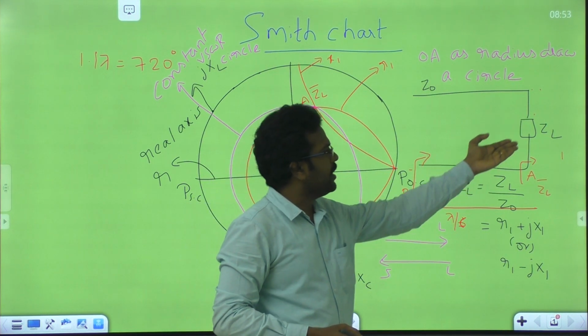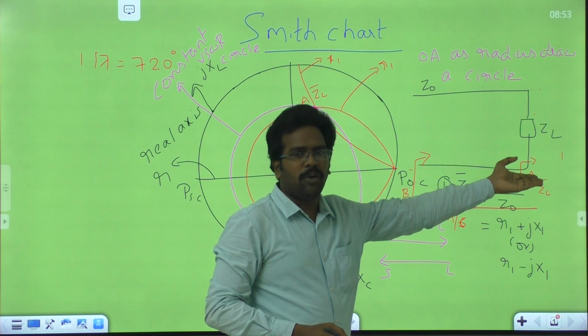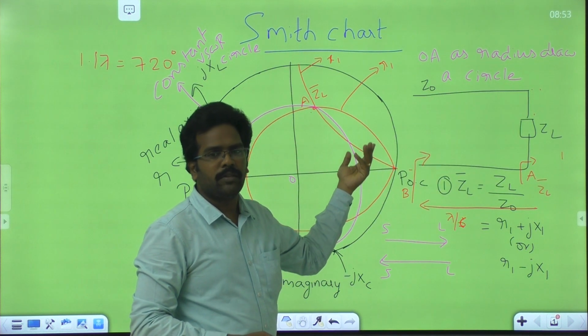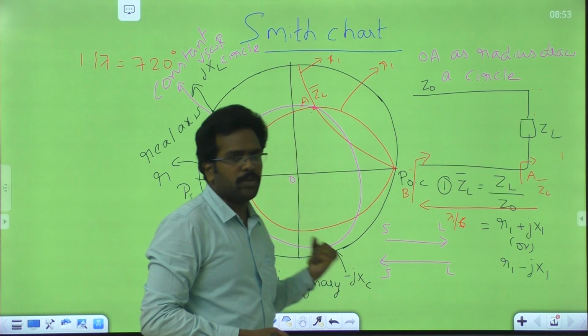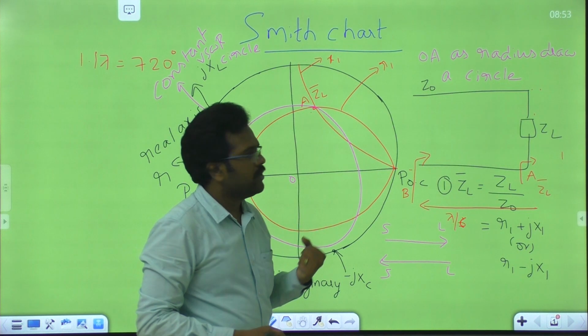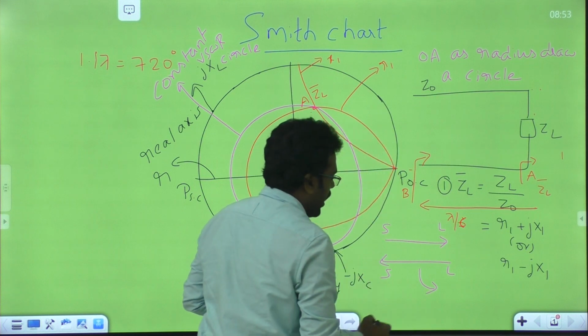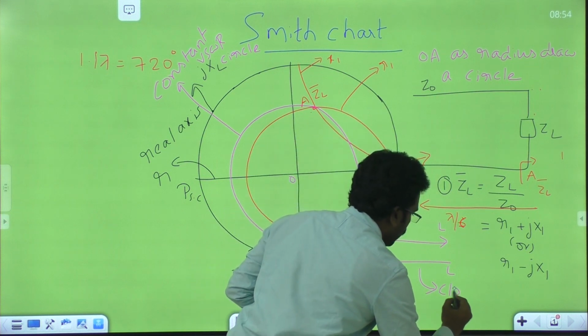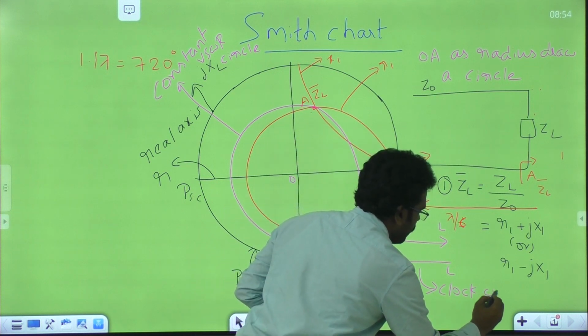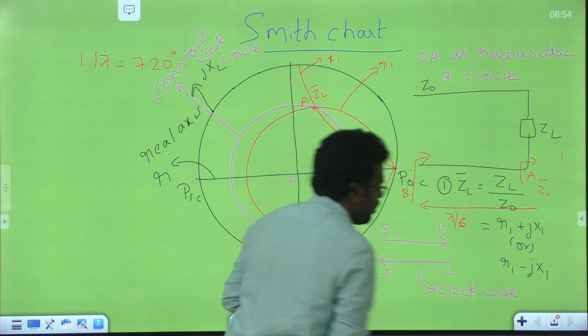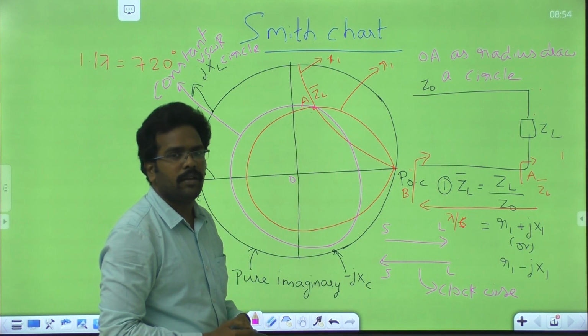Here in this case I know the load impedance, but I want to find out the input impedance. So in that case you have to go from load to source. When I am moving from load to source, I should move in clockwise direction on the constant VSWR circle.